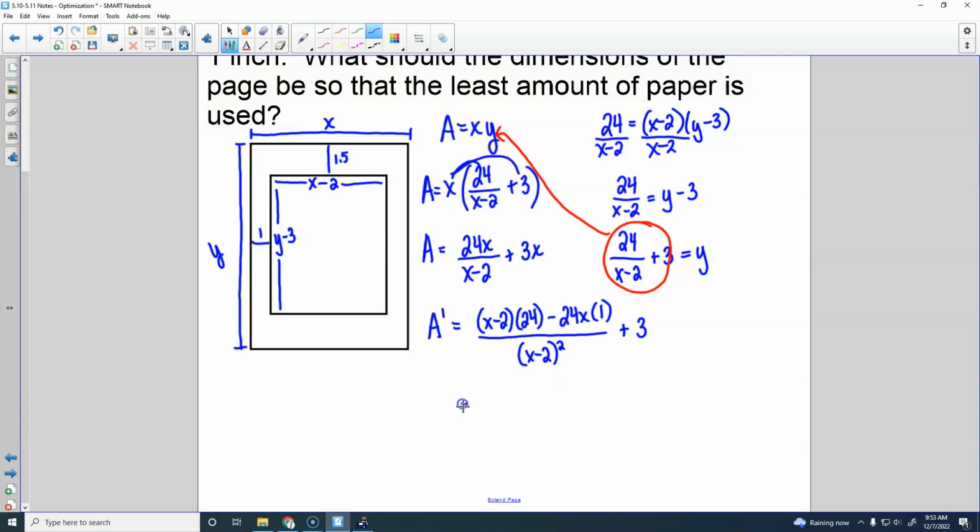So if we simplify that, we've got 24x minus 48 minus 24x over (x minus 2) squared, plus 3. These cancel.